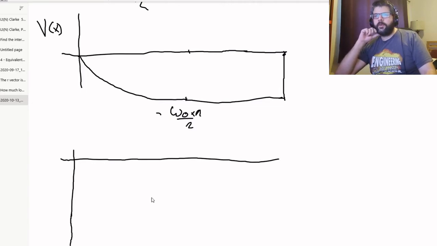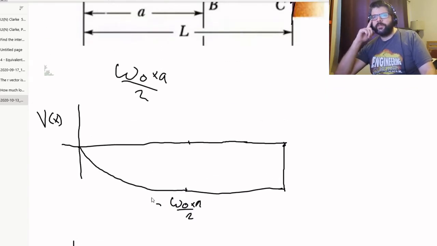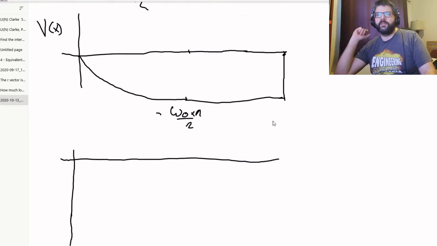So how can we go about doing that? First off, I think that probably the easiest way would be to figure out what the moment is at this point, and then work our way backwards.